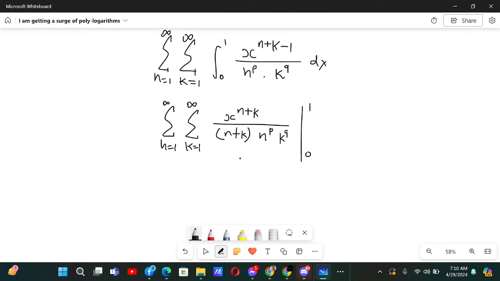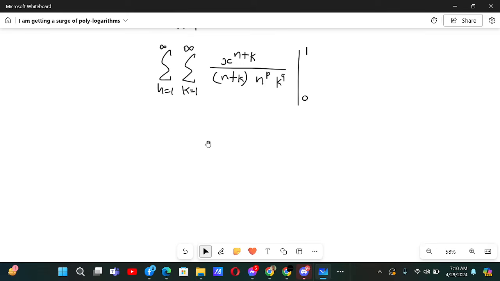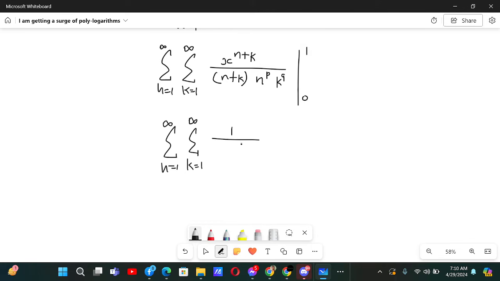Now we substitute 1 and 0 for x and see what we get. Sum from n equals 1 to infinity, sum from k equals 1 to infinity, this is 1 by n plus k, n to the power p, and k to the power q. And at 0 this is just 0.